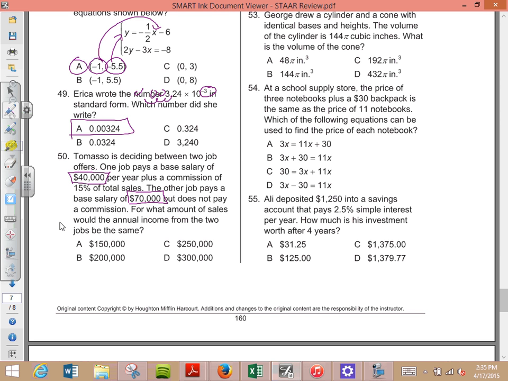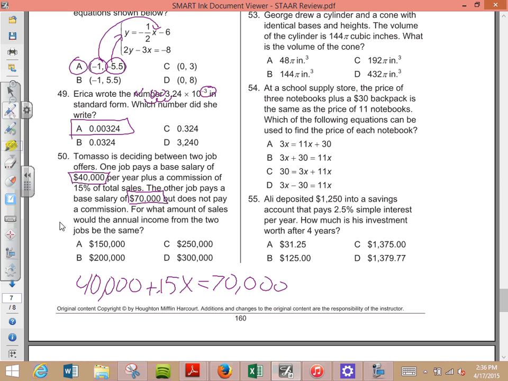For what amount of sales would the salaries be equal? This is 40,000 plus 15%, 0.15x, right? Equals 70,000. Solve for x. And that's going to give you the answer.